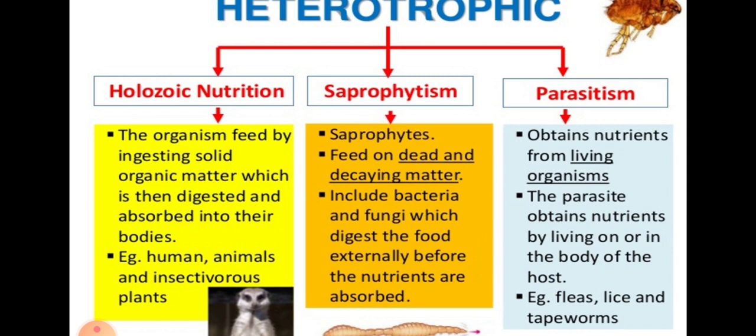For example, there are several worms which live inside our small intestine. They derive their food from inside our body. For example, tapeworms, roundworms.